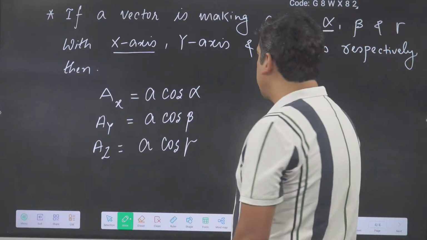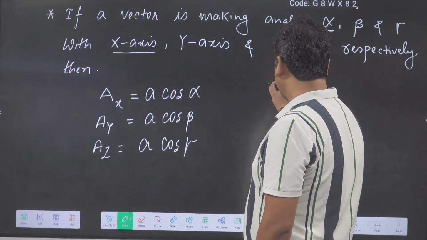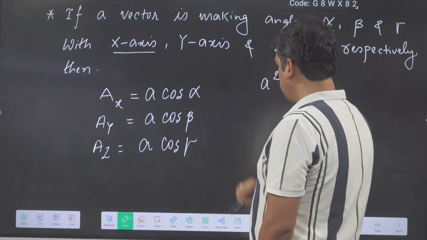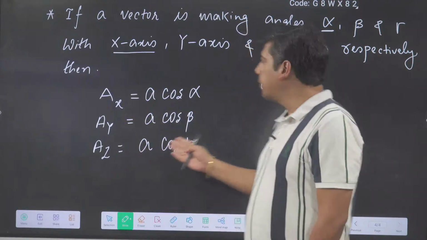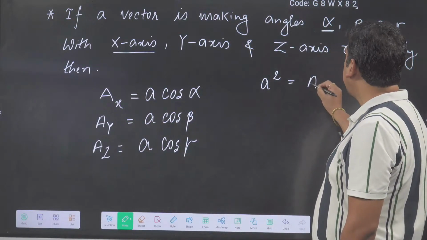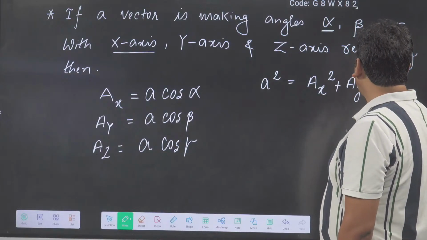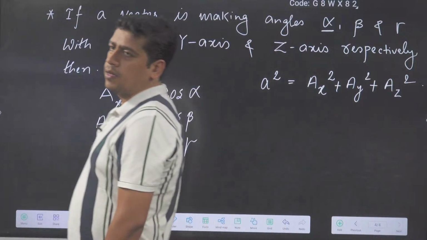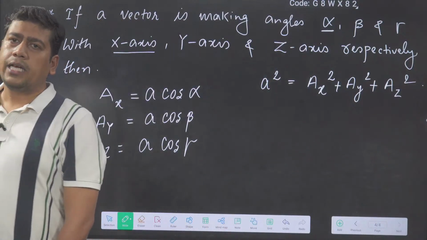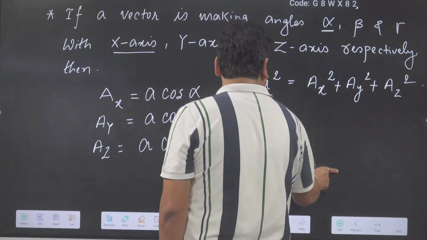Okay? And what is the net magnitude? You can write ax I cap, ay j cap, az k cap. So what will be the net magnitude? ax square plus ay square plus az square. Now understand the maths part here.